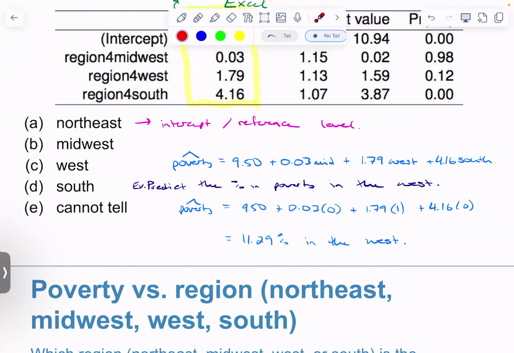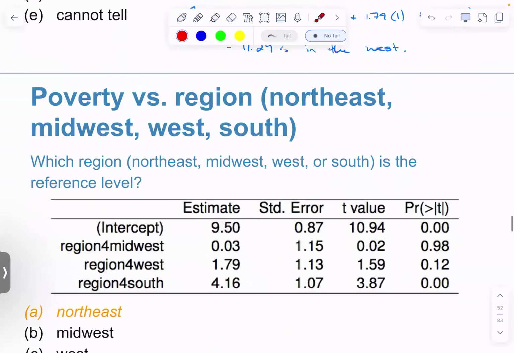What do all these being positive mean? It would mean that the Northeast has the lowest level, and for all the other ones you would add a little bit, depending on which region. Kind of fun.